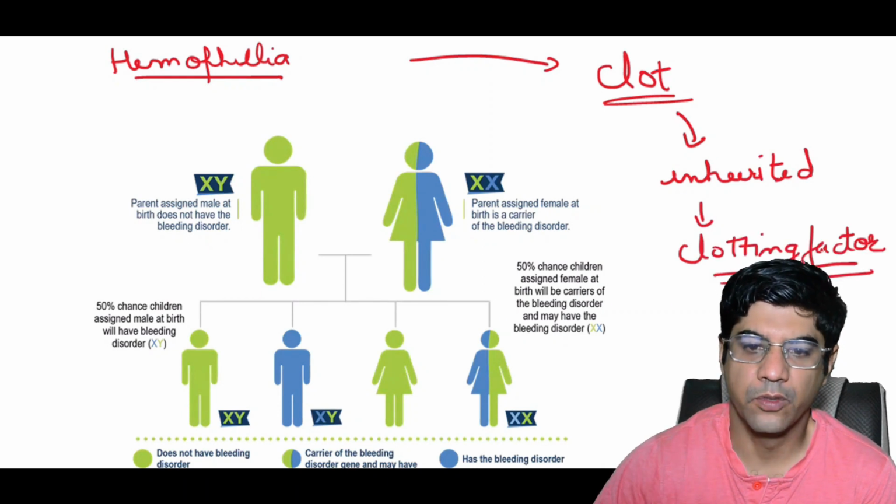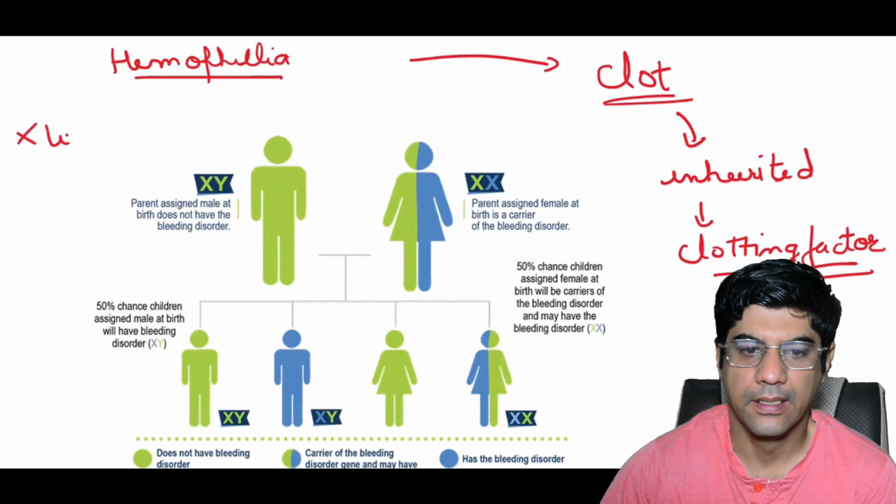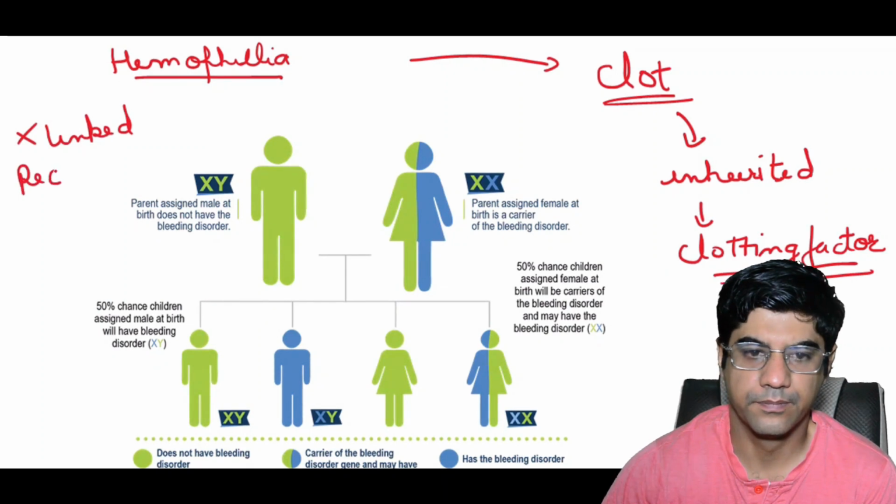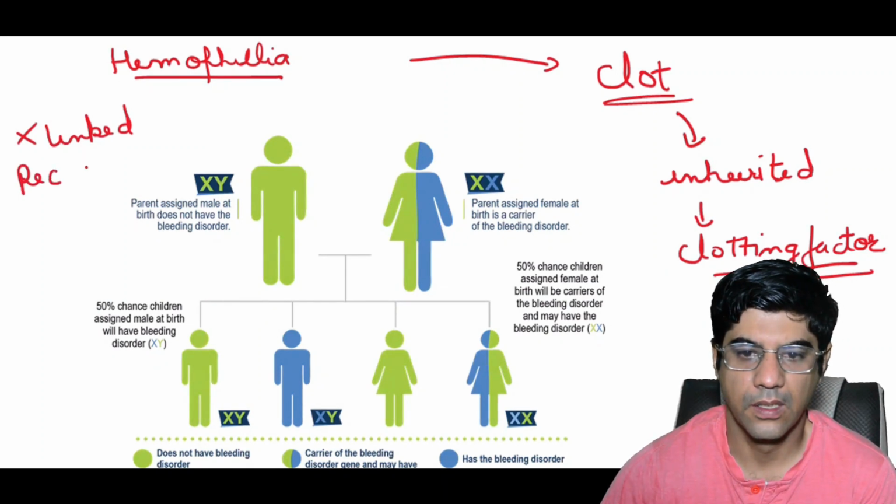Now this diagram shows how hemophilia, that is often an X linked recessive disorder, can be passed from the parents to their children.